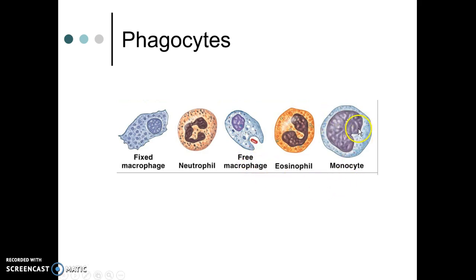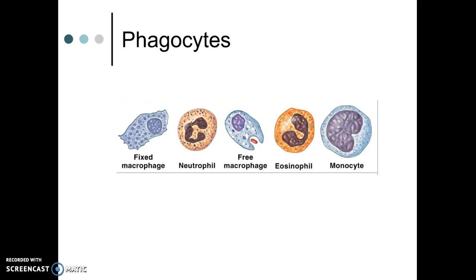And then you have the monocyte that these macrophages originally came from. These free macrophages right here are able to squeeze through these capillary walls. They're flexible enough in their shape that they can push through the walls, and that's called diapedesis.